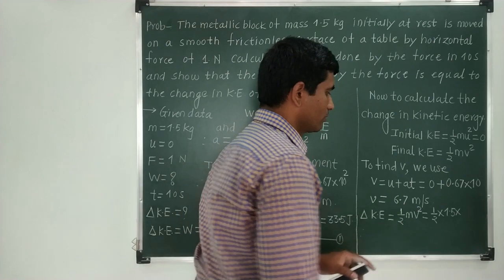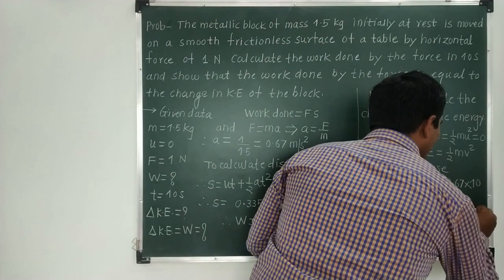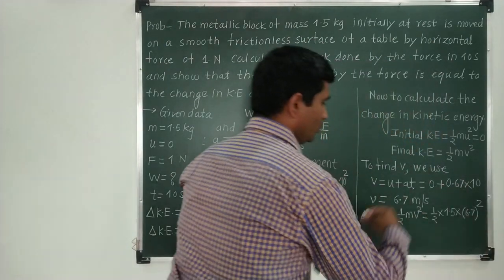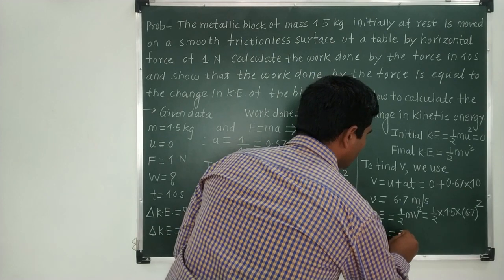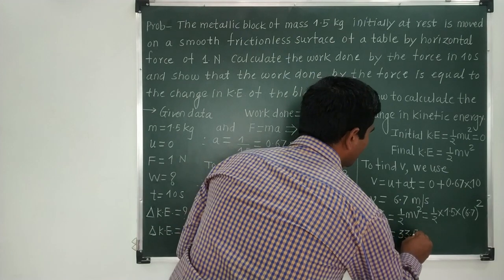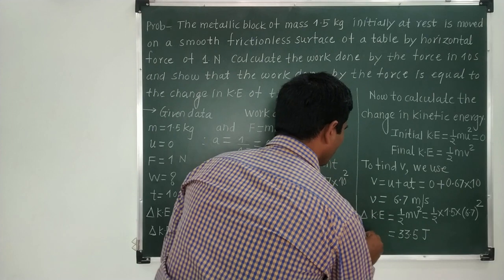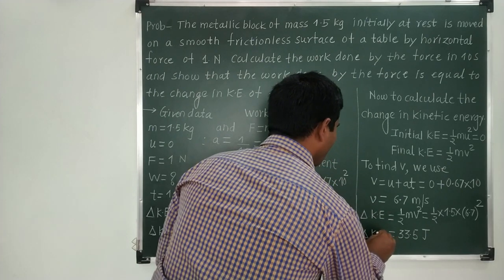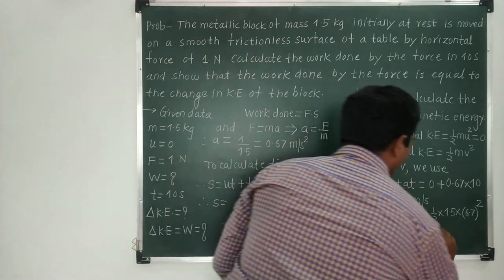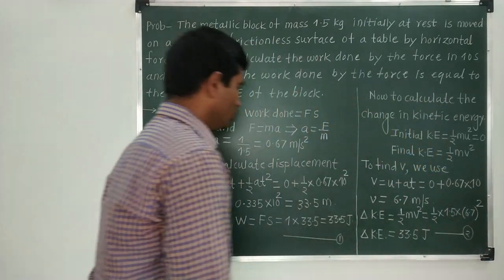Velocity we have already calculated, which is 6.7 bracket square. If you do this calculation on the calculator, your answer will come out to be 33.5 joule. So this is your change in kinetic energy. Let us call this equation number 2.